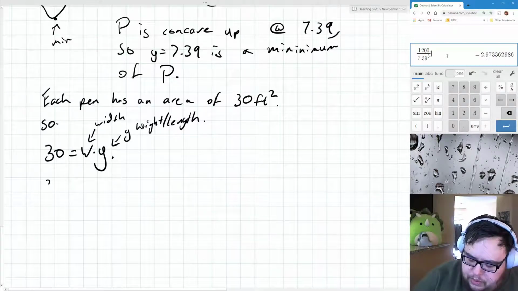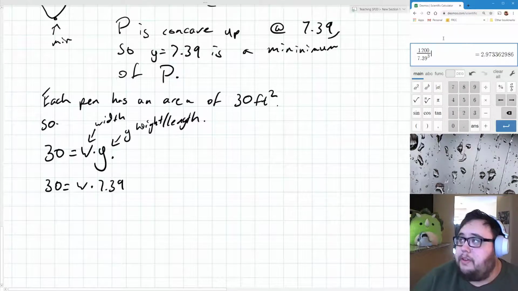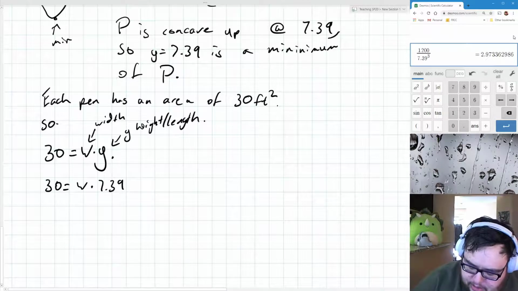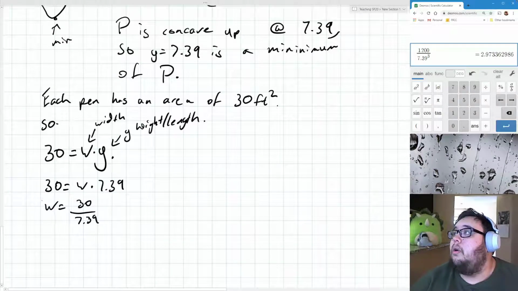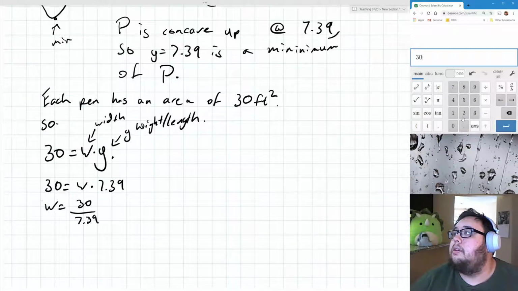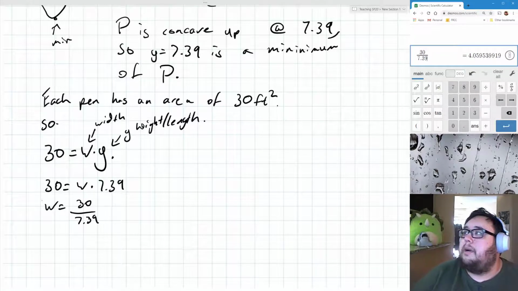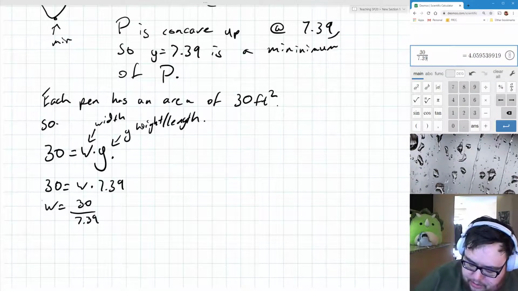So 30 is equal to the width times 7.39. So the width of each pen should be 30 over 7.39, or about 4.06.